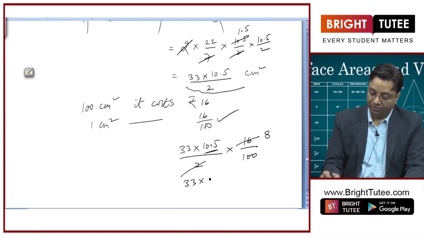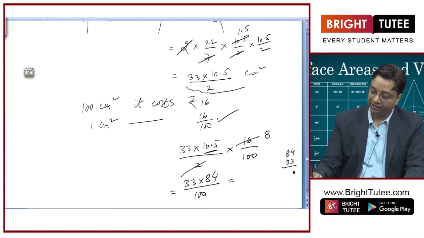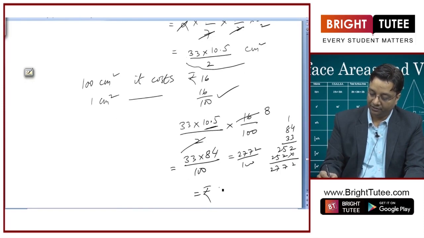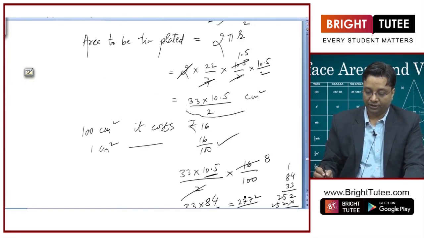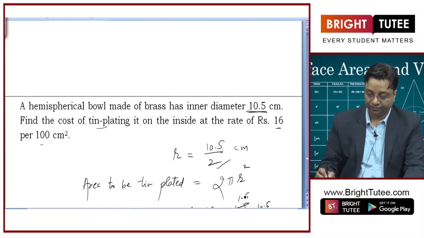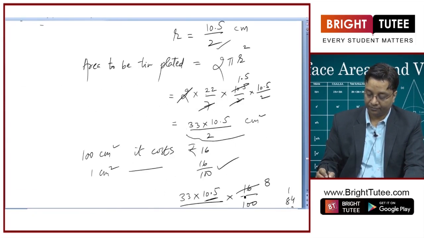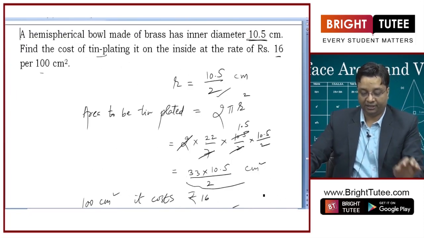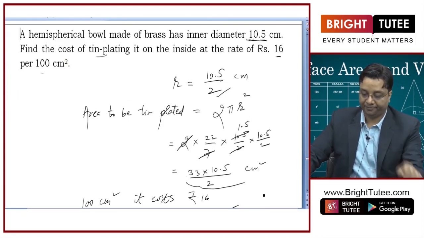So 33 into 84 divided by 100, which is, let's multiply 84 with 33. 2772 by 100, so it will be 27.72 rupees. So this is the cost of tin plating this hemispherical bowl on the inside.